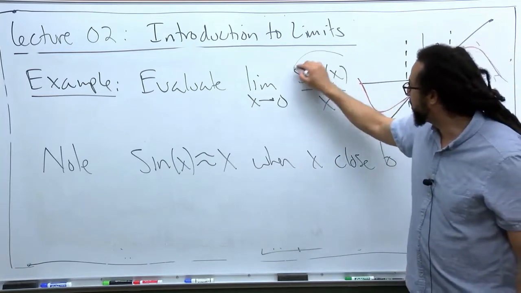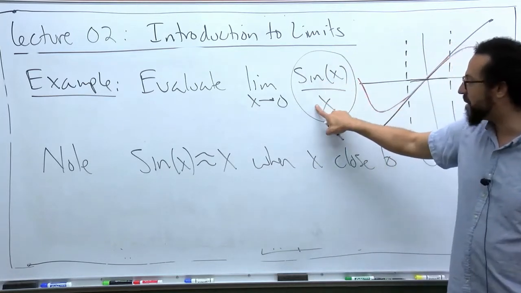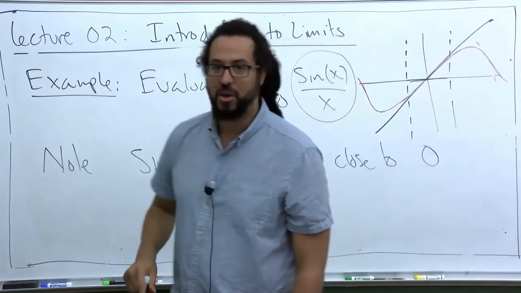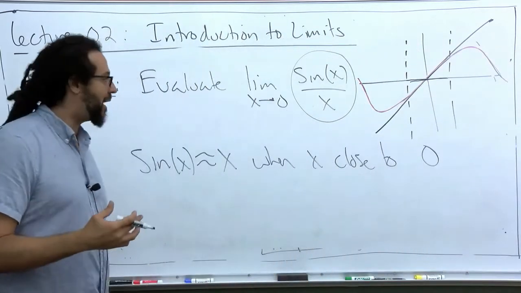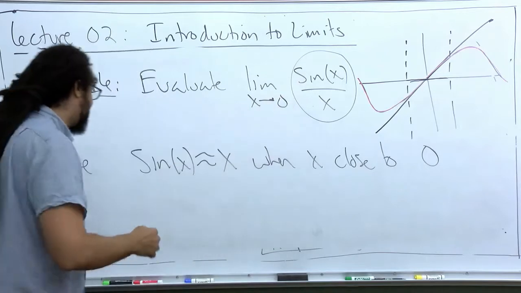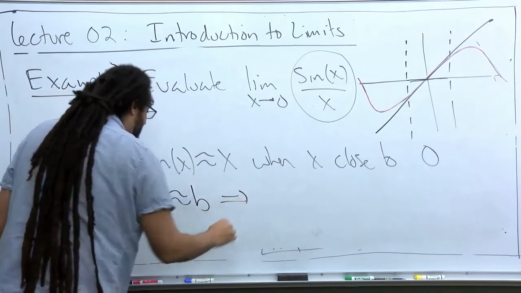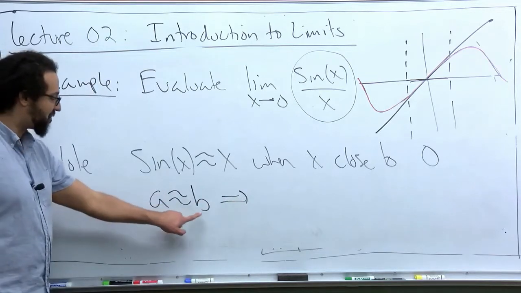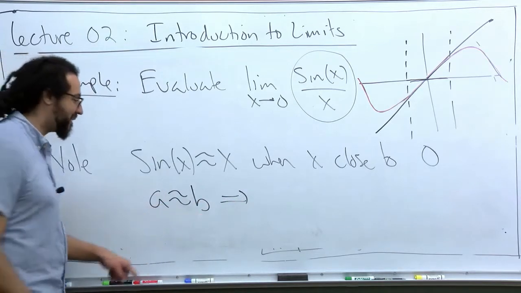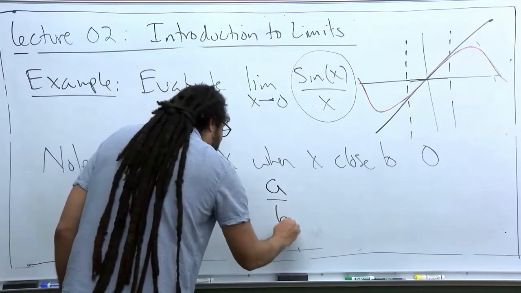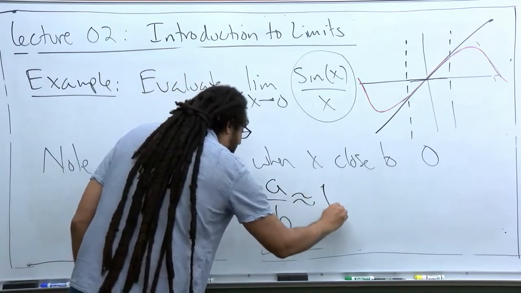So if the numerator and the denominator are roughly the same, what should we expect for the fraction of these two things? If a is very close to b, then we should expect that the fraction a over b is very close to 1.